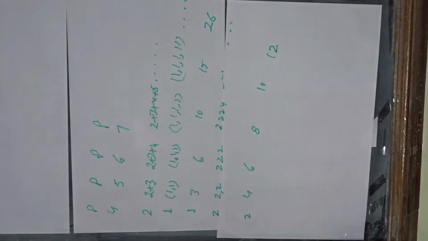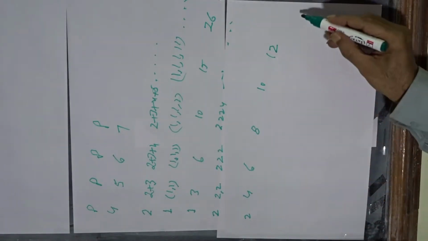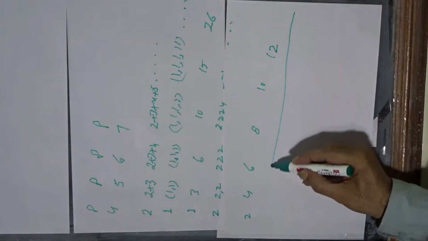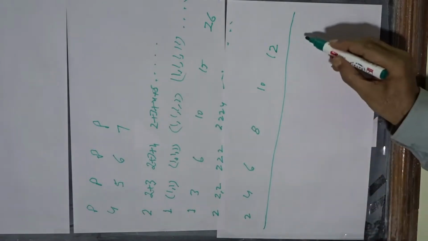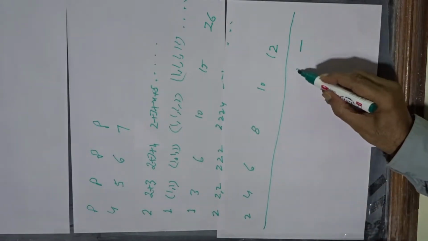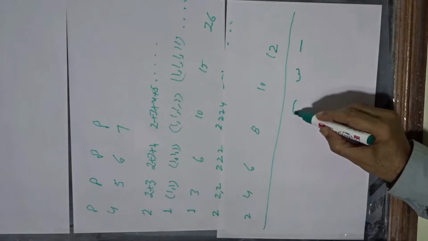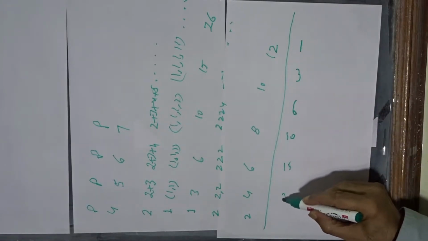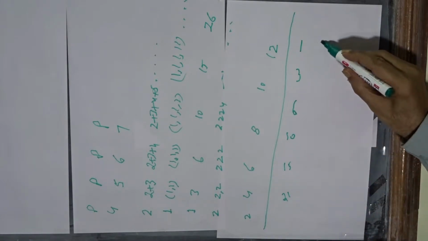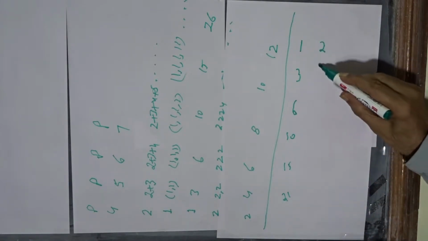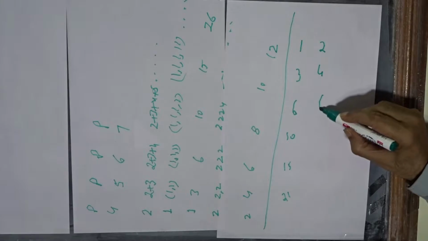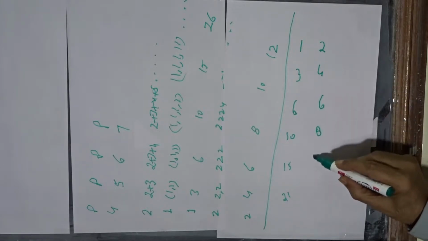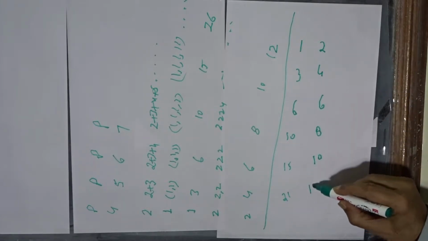Let us have a pause here and take note of this table. If we draw it like this, the linear dimensions are giving us values 1, 3, 6, 10, 15, 21, and the spatial dimensions are giving us values 2, 4, 6, 8, 10, and 12.